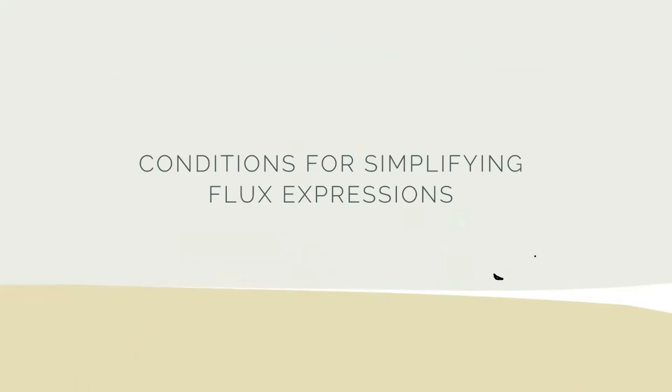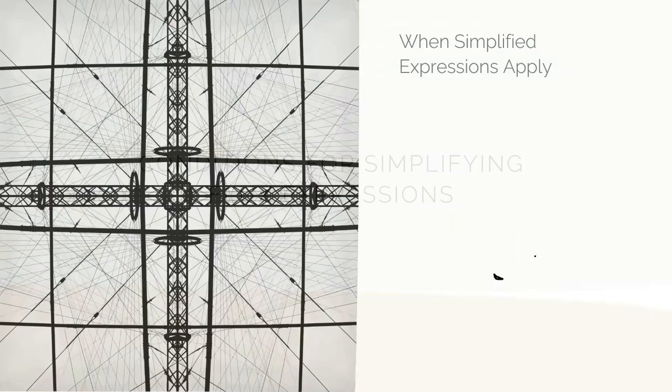Now, the conditions for simplifying flux expressions. Now we're going to simplify to have that beautiful E times A times the cosine of theta. We saw that we could get that if we had a tiny patch, right? But we'd still have to add up many tiny patches to get a total flux value.